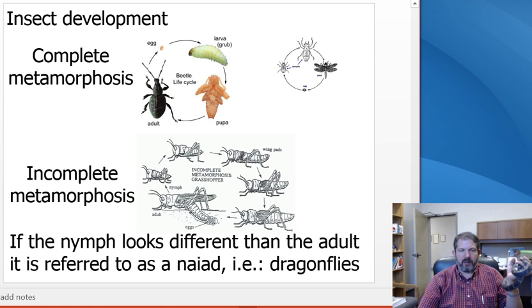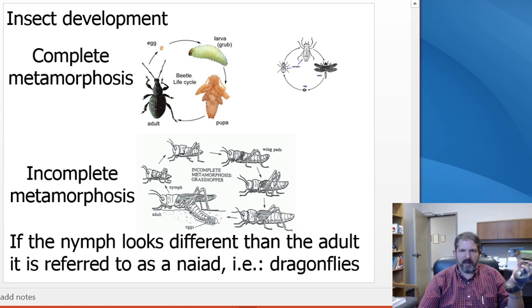And if the nymph looks different than the adult, it's referred to as a naiad. You don't hear the term naiad very often. Dragonflies, look up pictures of dragonfly larvae, and a dragonfly larva looks a lot different than the adult dragonfly. It doesn't look like a grub. It looks like its own creature, but it's definitely very different than the adult.